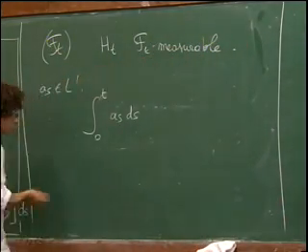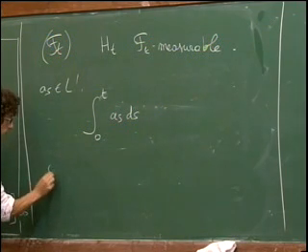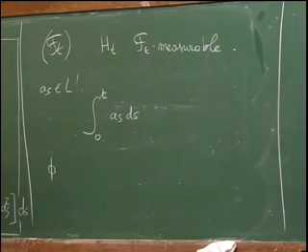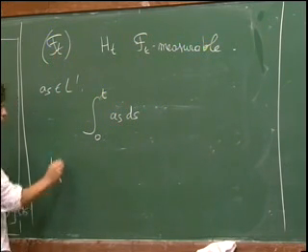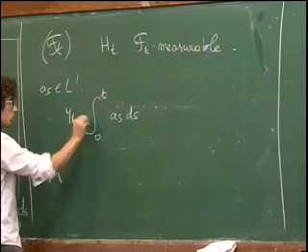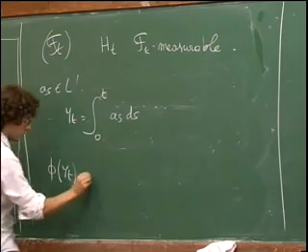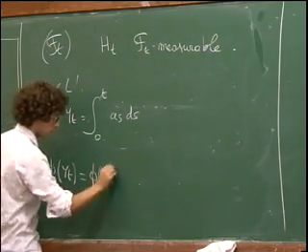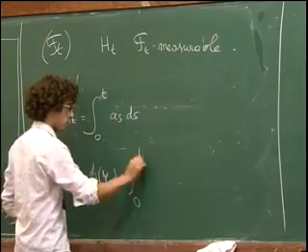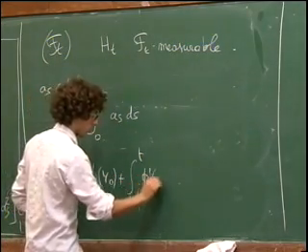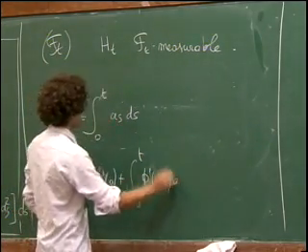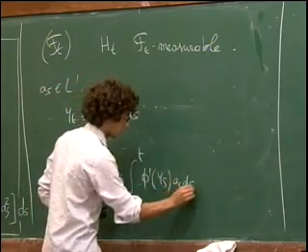And you know the fundamental theorem of calculus, which says that if you take phi, which is, say, a C1 function, phi of this thing, y_t, it will be phi of y_0 plus the integral between 0 and t of phi prime of y_s ds.